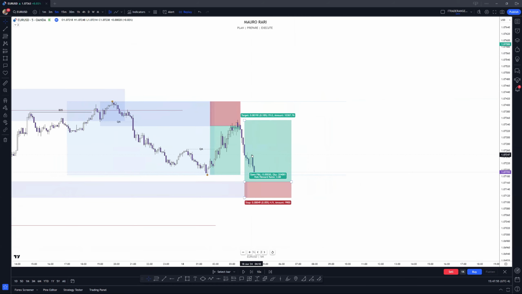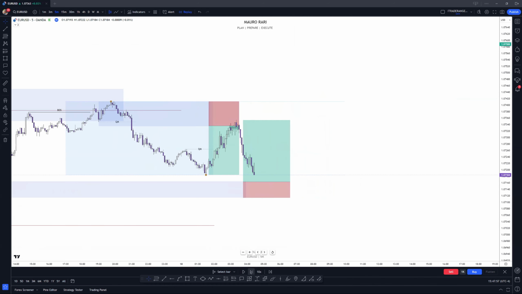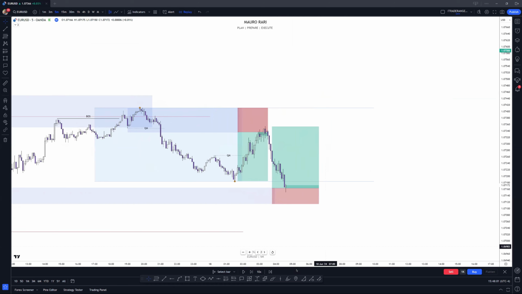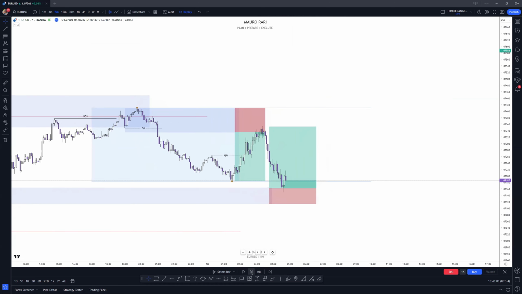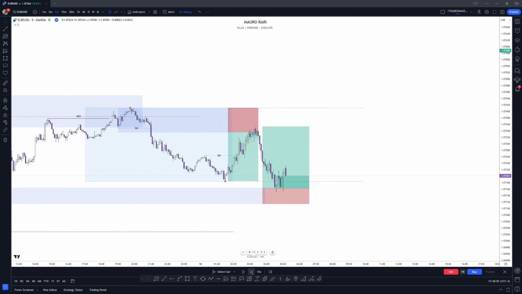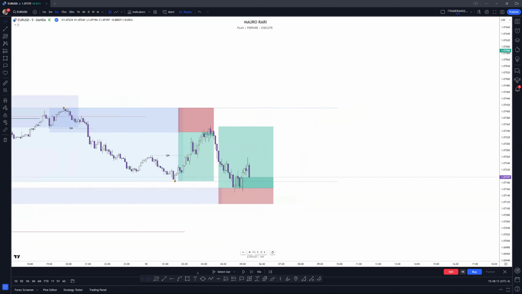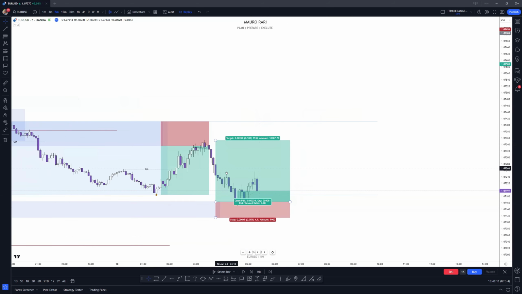Okay. So here you go. The price made another high. Okay. Tap my entry. Okay. Give a nice reaction, which is also like a 5 minutes QM. Okay.